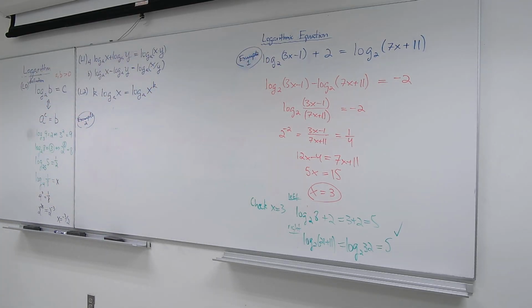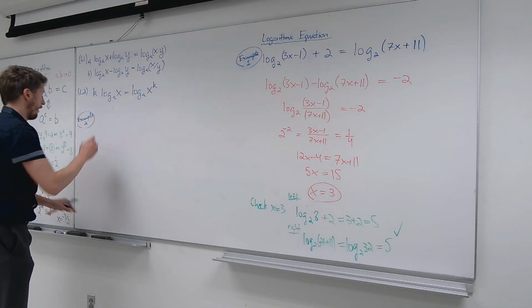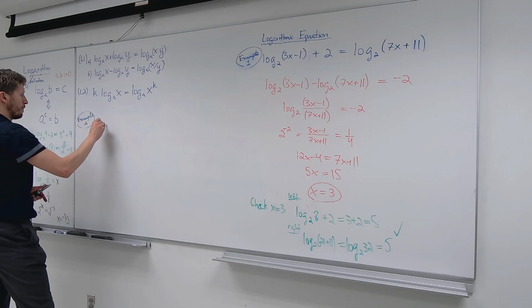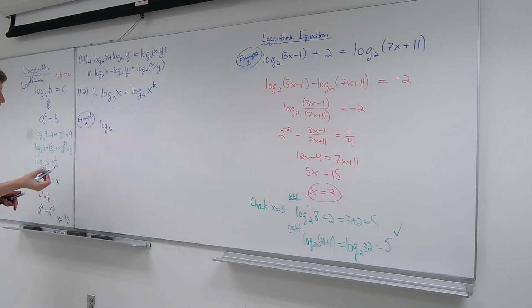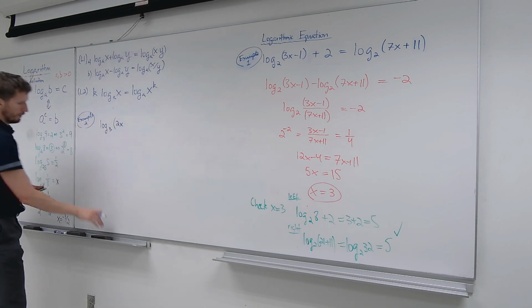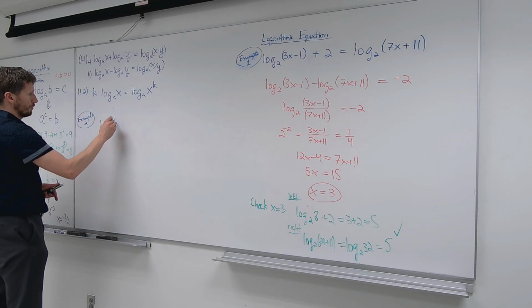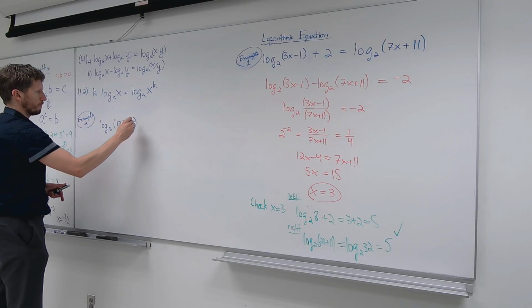So, let's say we have something like this. Logarithm. Let's do 3. Okay. And let's do something like this. Let's say 2x. And let me do this even. Let's do 13 minus 2x equals.